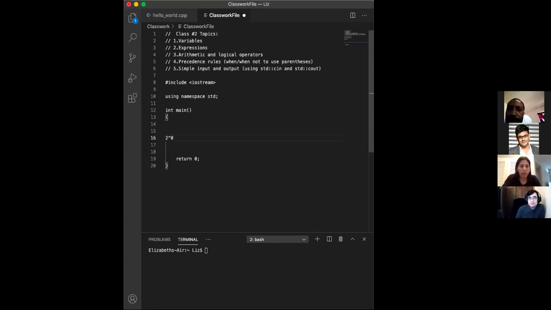Anything to the power of 0 is 1, I think, right? And then 2 to the power of 1 is equal to 2, because it's just 2 once. And then 2 to the power of 2 is equal to 4. 2 to the power of 3, 2 times 2 times 2, is equal to 8.